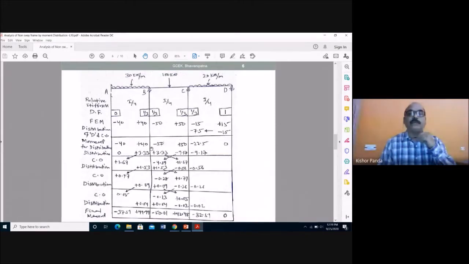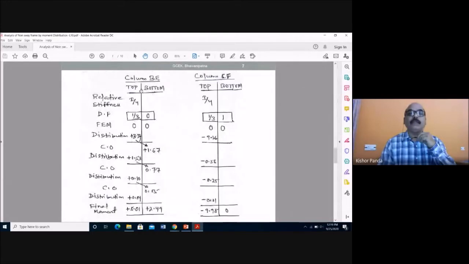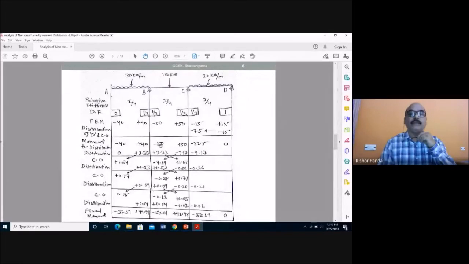And this moment you have to distribute to 3 members, because at joint B, how many members meet? BA, BC, and another one is your BE. So you have to distribute this unbalanced moment, minus 10, to 3 members. So minus 10, you have to balance by opposite sign, that is positive sign, and multiply it with this distribution factor.